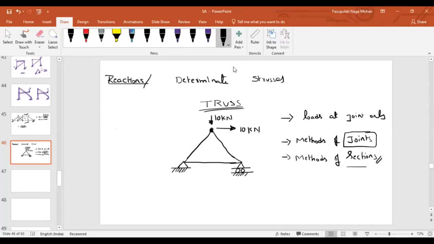If it is the method of sections, from the name itself we can identify that instead of taking a joint or the entire truss, if we can take any part of the truss, then even with that we can find the unknown forces. So this is the difference between the method of joints and the method of sections.